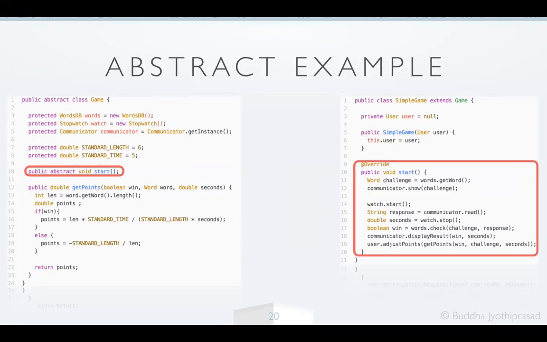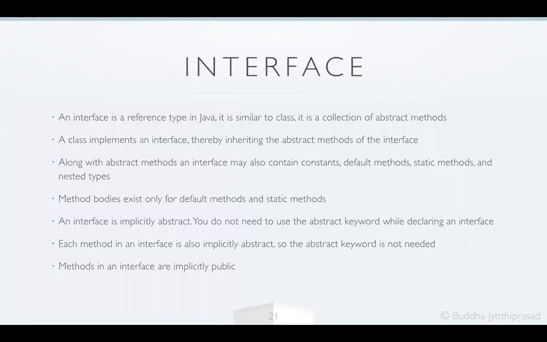And there is another way of setting this kind of rules, that is using interfaces. As you have seen, abstract class is used for enforcing the method definition, right? And interfaces are also used for that.